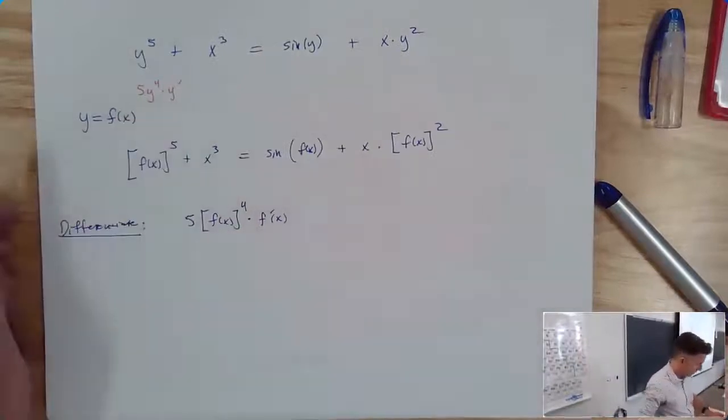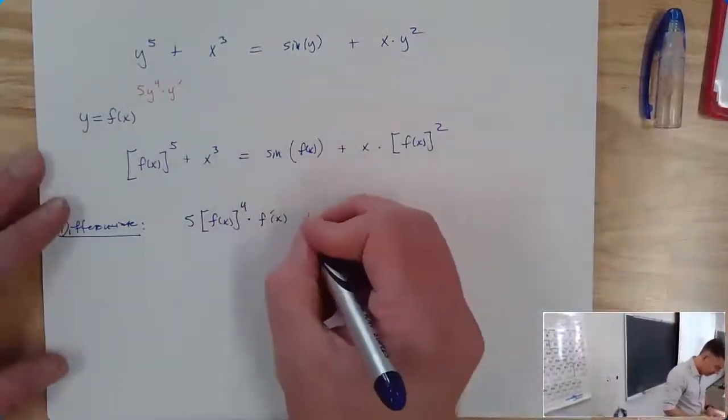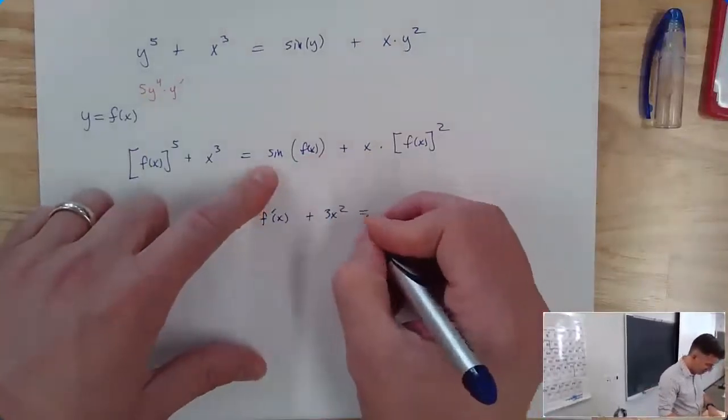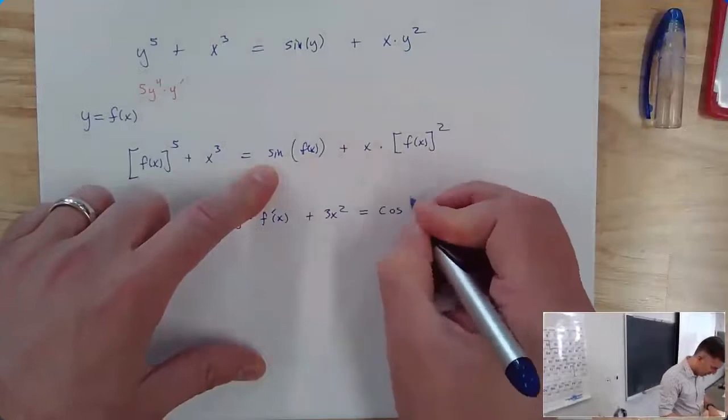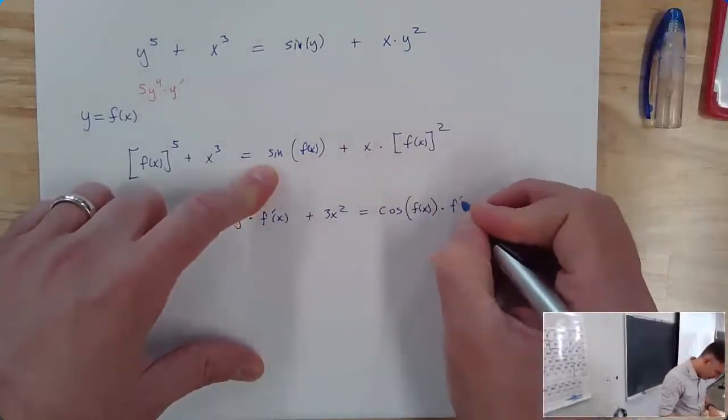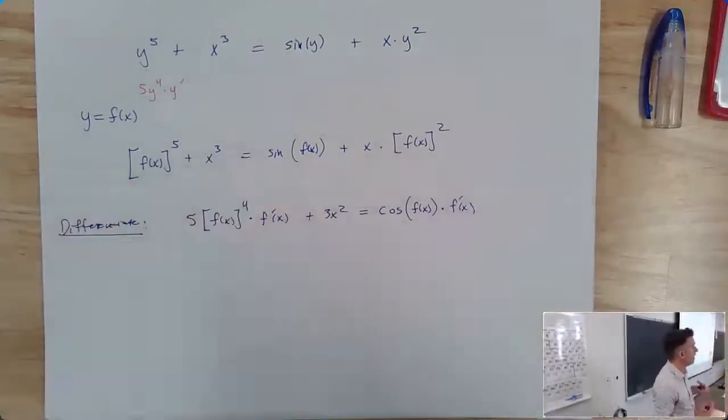And so if we kept going, the derivative of x cubed is just 3x squared. The derivative of sine of some stuff is cosine of that stuff times the derivative of that stuff, because we always have to multiply by the derivative of the inside if we're using the chain rule.